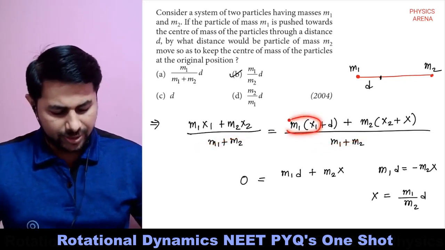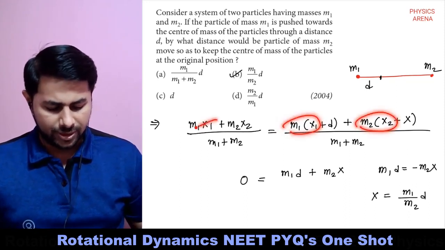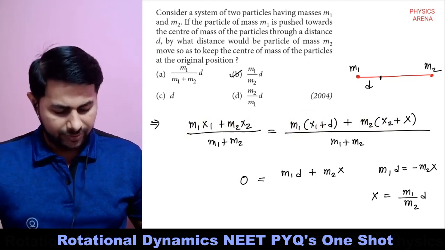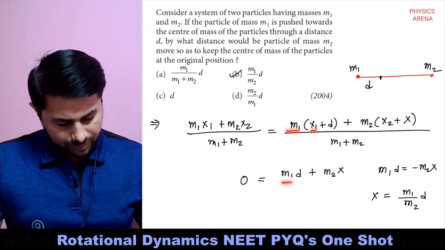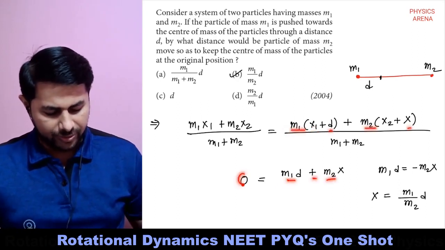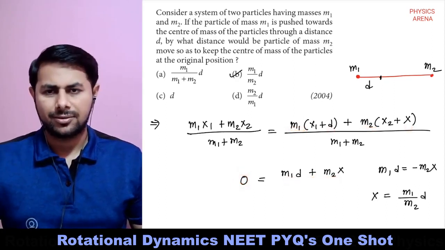If you multiply this out, m1 x1 and m2 x2 will also get cancelled out. So you can write m1 times d plus m2 times x is equal to 0. And then you can find out x, right?